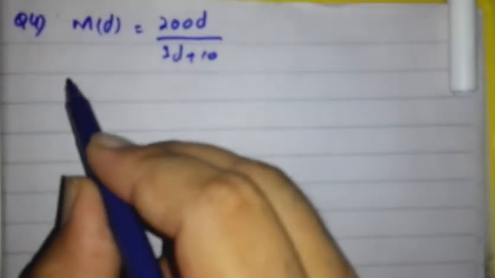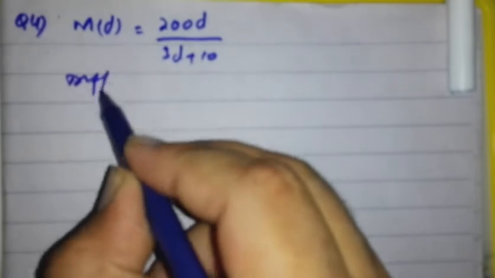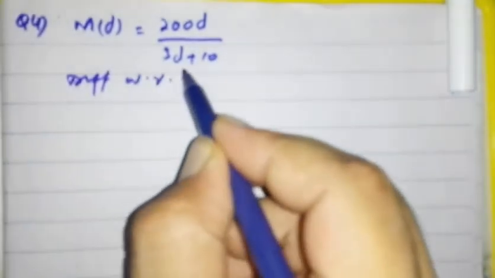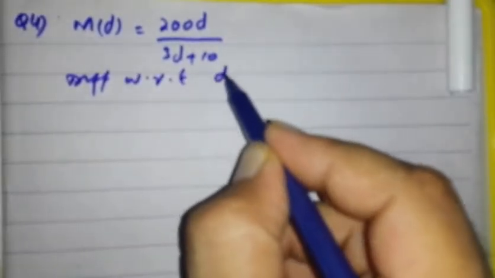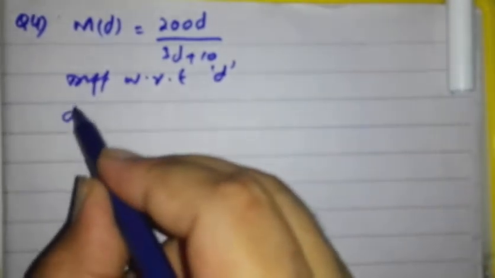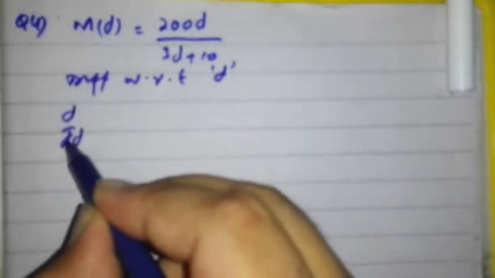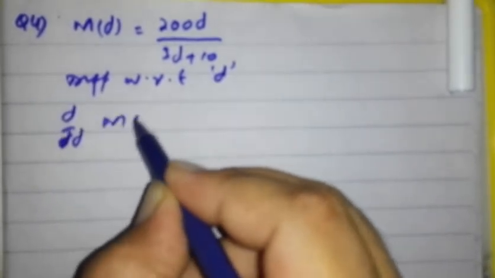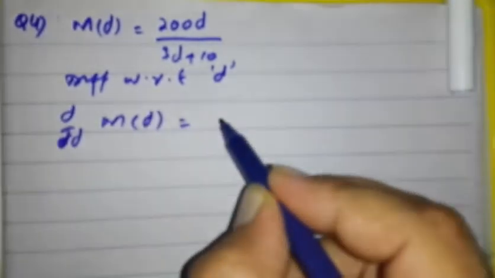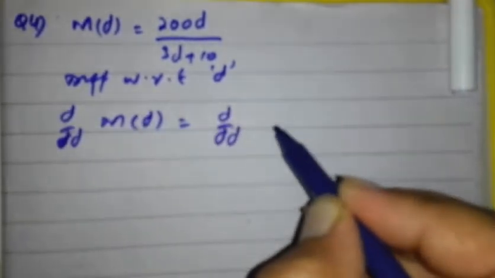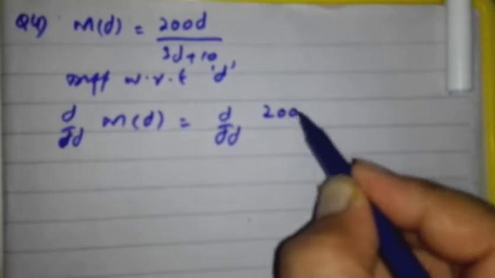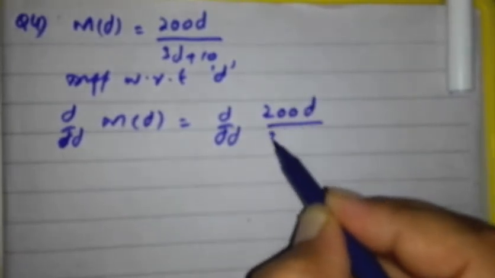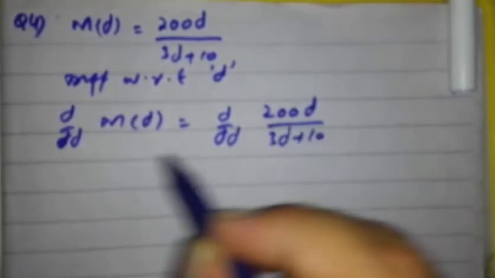For this, differentiate with respect to D. So d by dD of M of D equals d by dD of 200D over 3D plus 10.